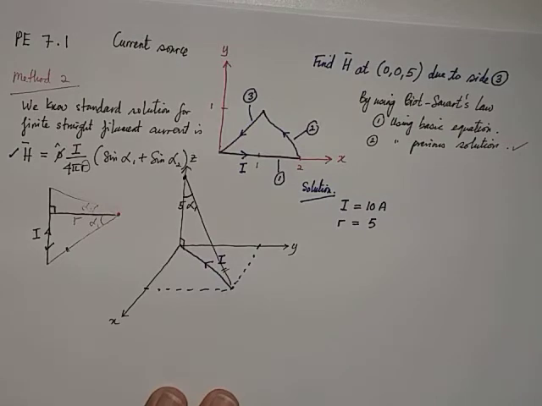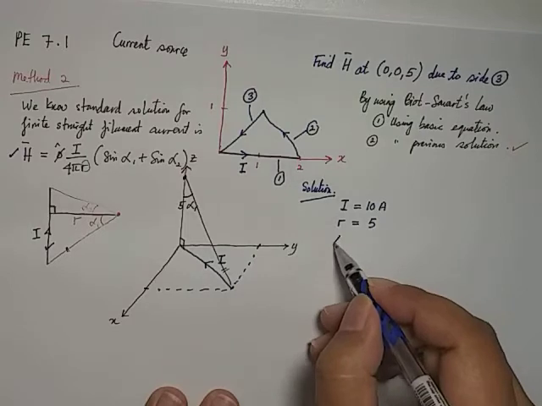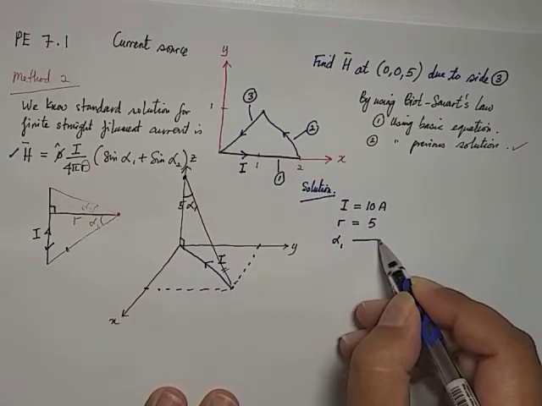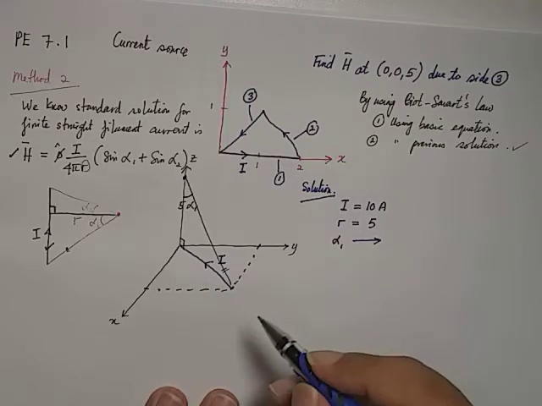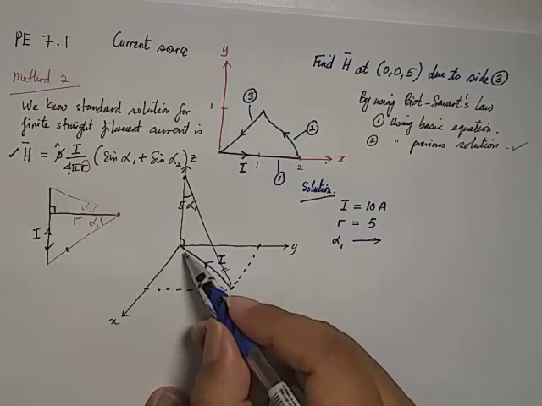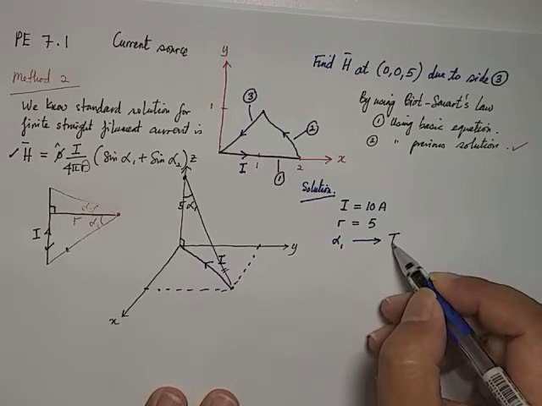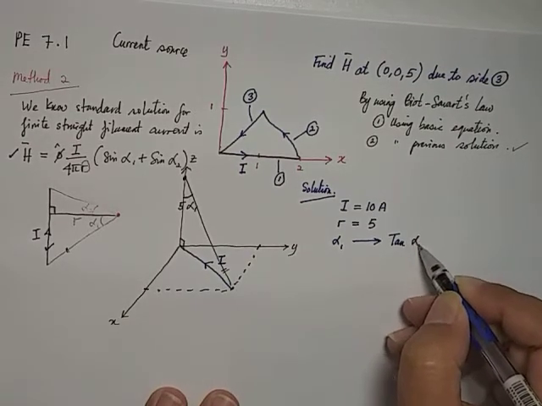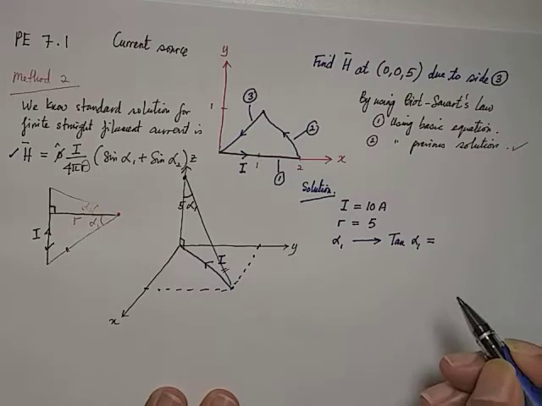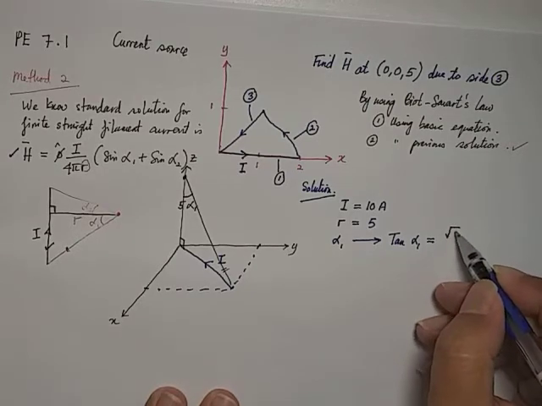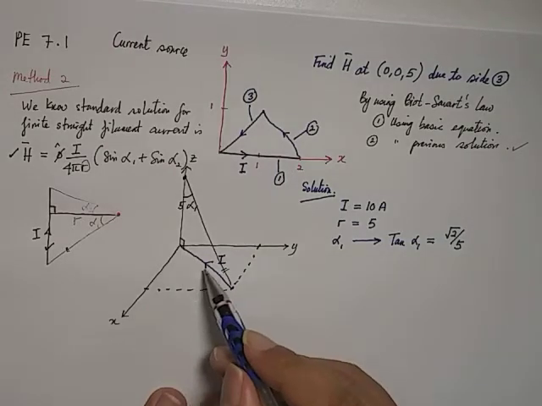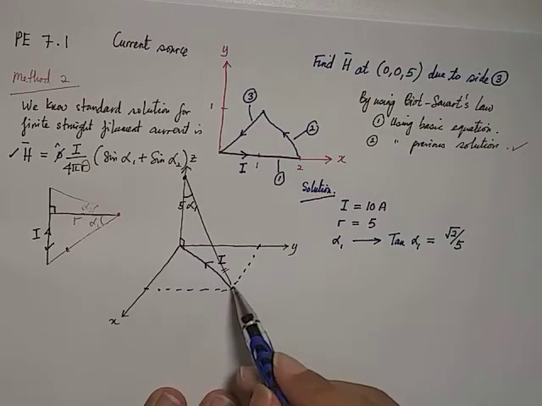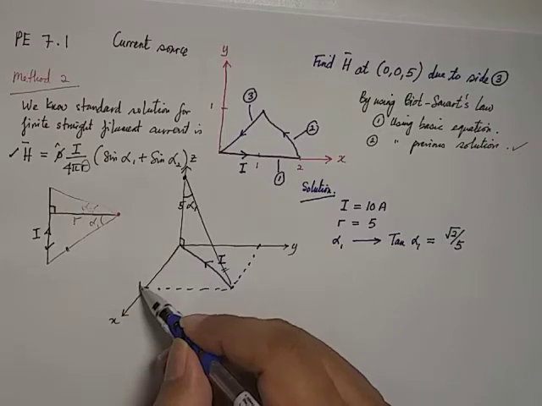Okay, now I'm going to determine my angle alpha 1. So how do I determine my angle alpha 1? Yes, you can use the Pythagoras theorem. So therefore I can see what the length here should be. So I can say tangent alpha 1 should be equal to square root 2 divided by 5, correct? Because the length of this part of the triangle is square root 2, because this is 1, this is 1.